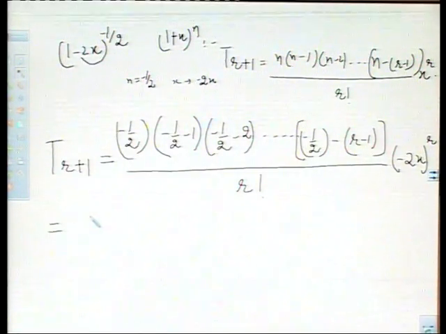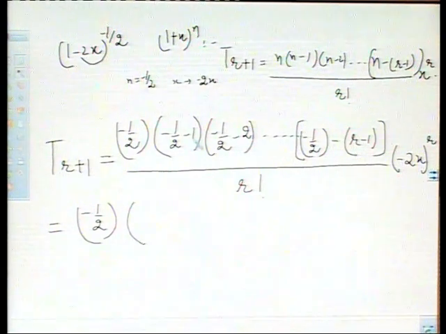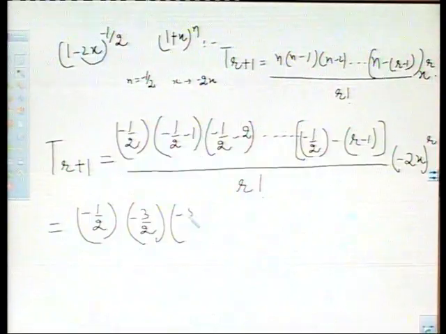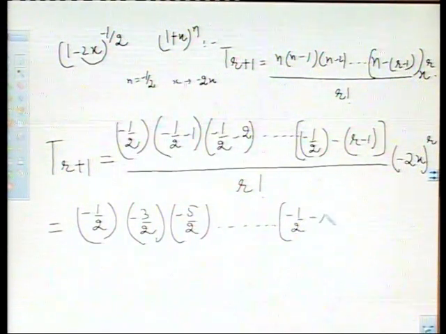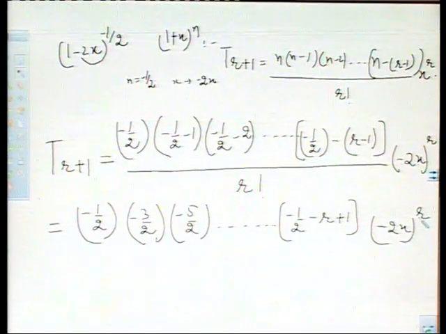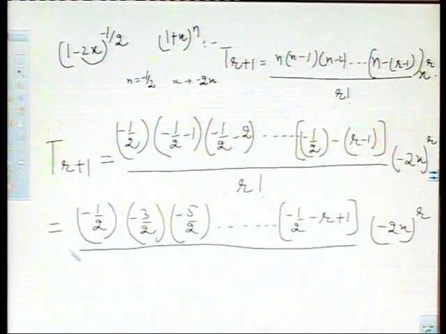It will be equal to minus 1 by 2, minus 3 by 2, minus 5 by 2, up to minus 1 by 2 minus r plus 1, and this is (minus 2x) raised to power r and r factorial.